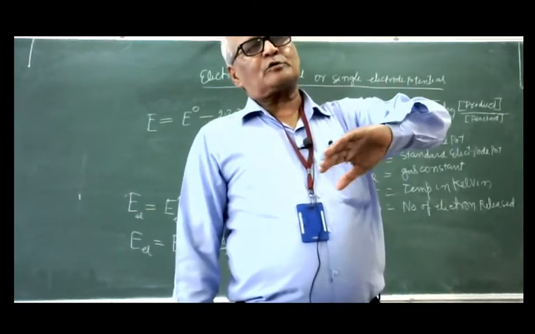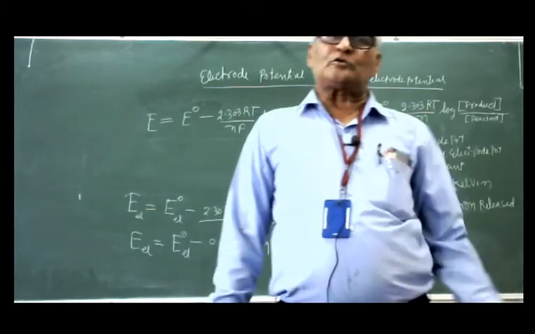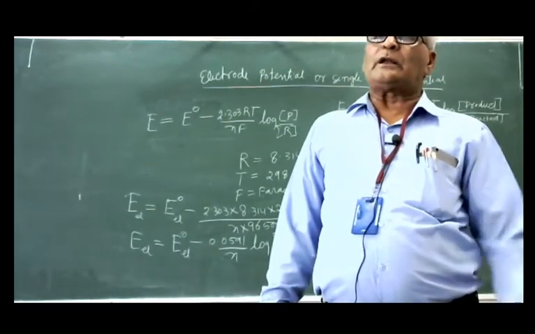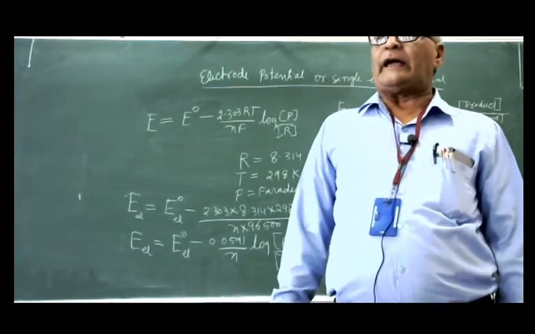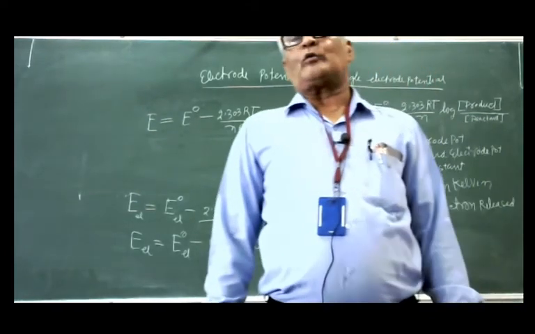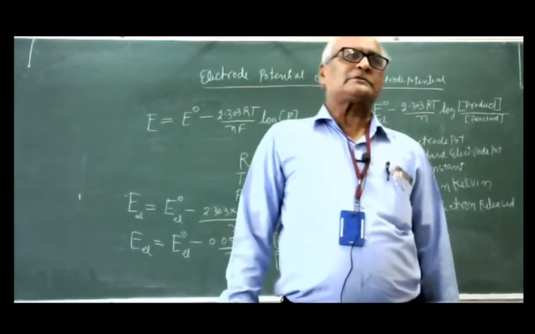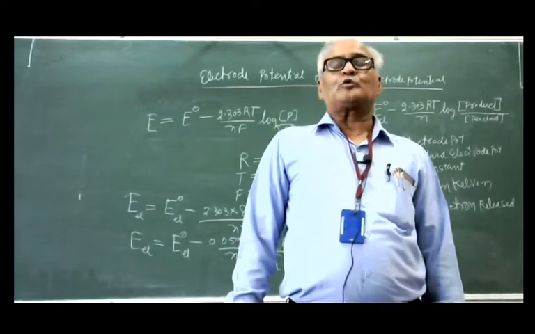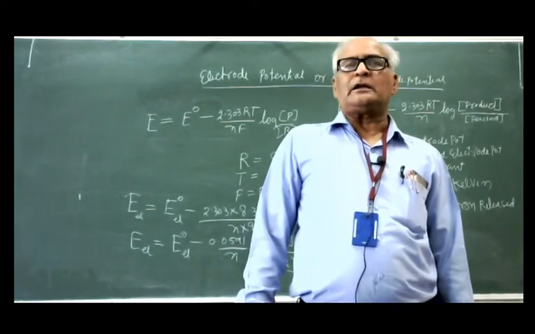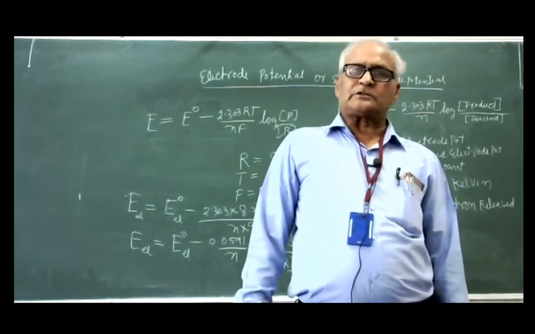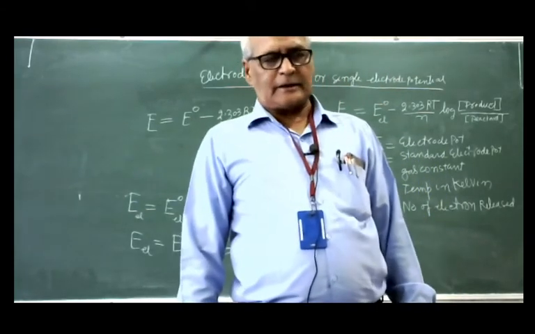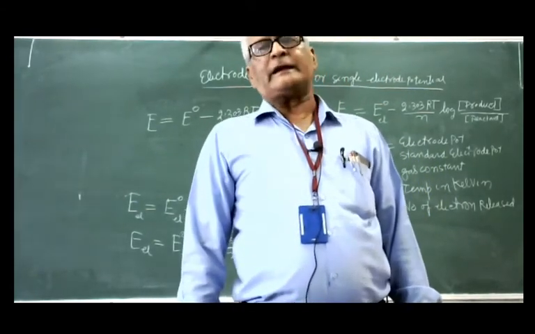Now log to the base e is changed into log to the base 10. So finally you will get the Nernst equation as E equal to E0 plus 2.303 RT log concentration of product and reactant divided by nF.